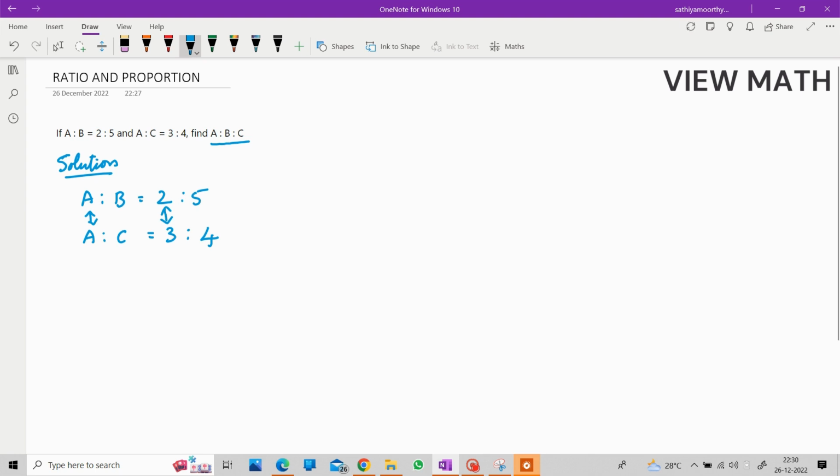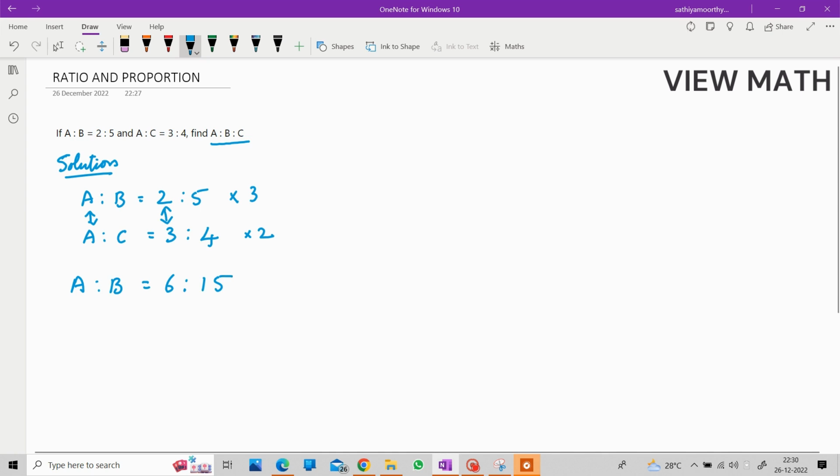So in order to make the A value same, I am going to multiply the first ratio by 3 and the second ratio by 2. So what happened is, now A is to B is equal to 2 into 3 is 6 is to 5 into 3 is 15.